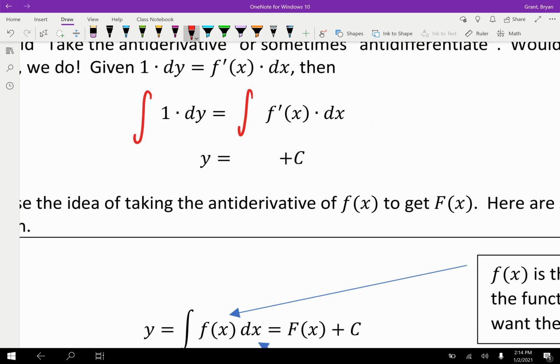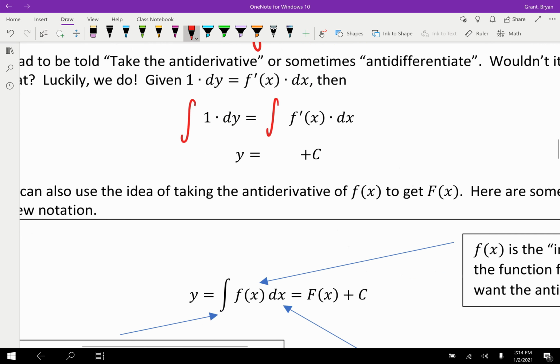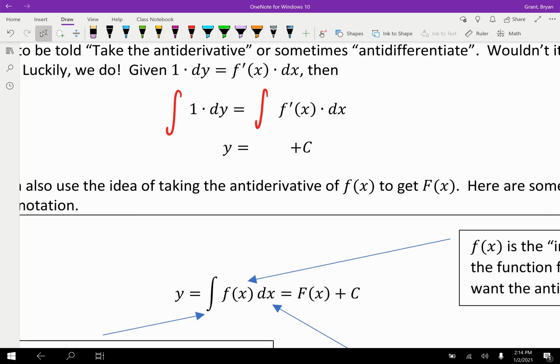This antiderivative symbol is going to tell us to take the antiderivative of this interior function with respect to whatever is at the end. So take the antiderivative of 1 with respect to y. The antiderivative of 1 is y. And same thing over here: the antiderivative of f prime of x with respect to x is f of x. And we do, of course, need a plus c at the end.